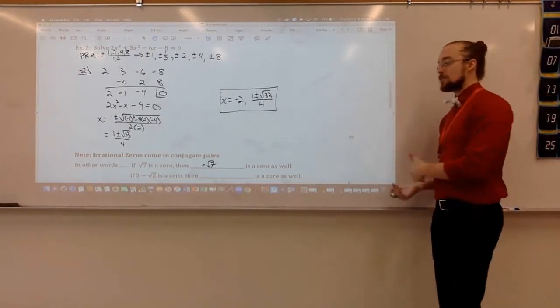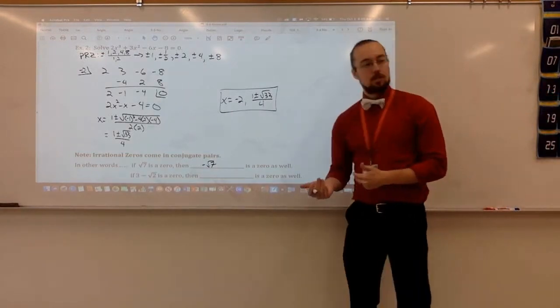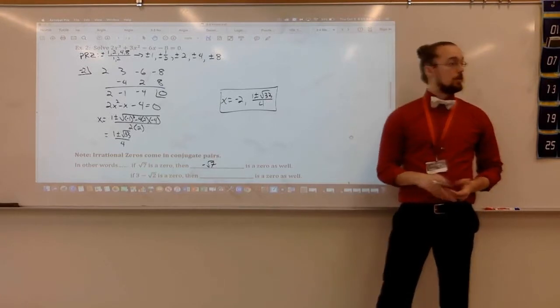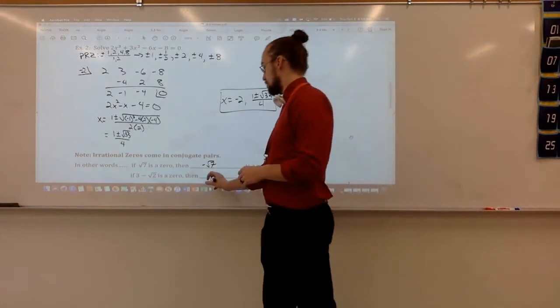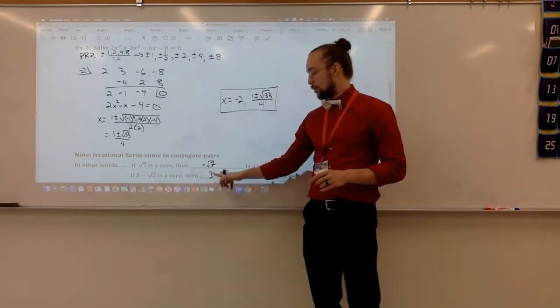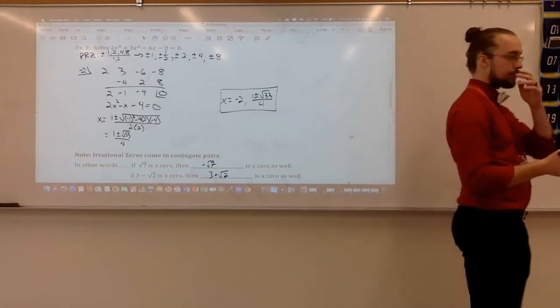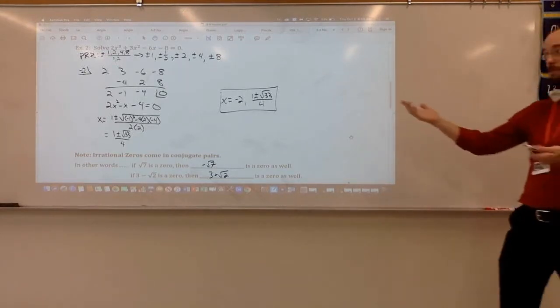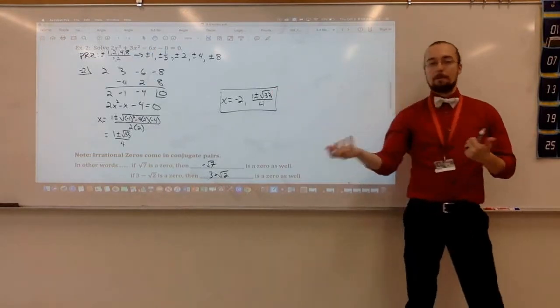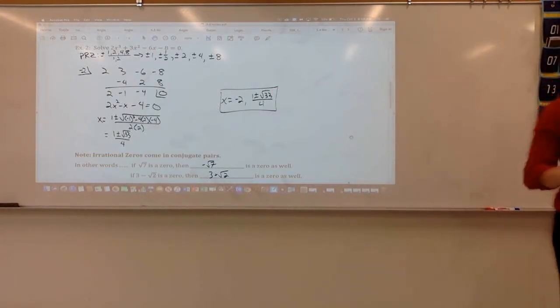If 3 minus the square root of 2 is a 0, what's the conjugate? 3 plus the square root of 2, right? A conjugate just means all we're doing is changing the sign. Questions so far?